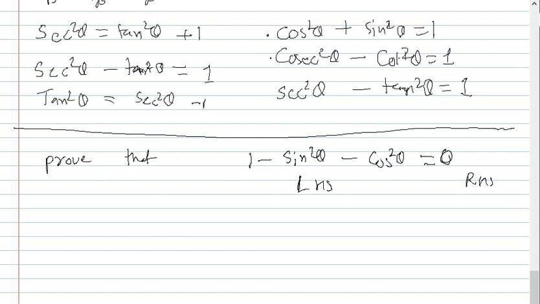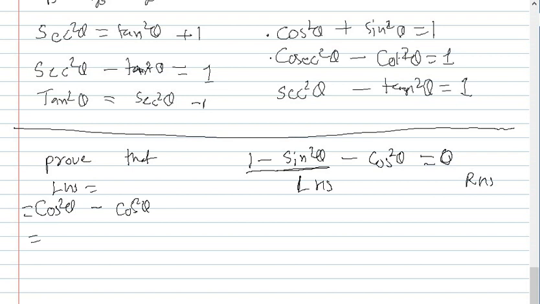If you remember, this is 1 minus sin square theta. There are two ways of doing this. What if I move sin square theta that way? Then it would become 1 minus sin square theta. So instead of this, I can write cos square theta.